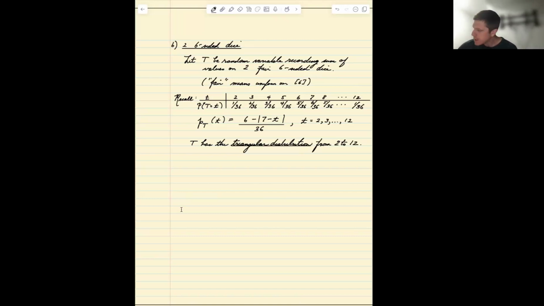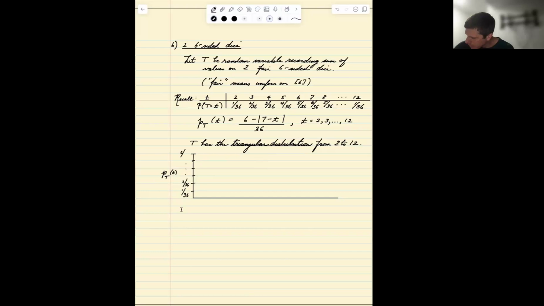If we were to plot the probability mass function, let P sub T of t be on this side, with 1, 2, 3, 4, 5, 6 here, and then here we have 2, 3, 4, 5, 6, 7, 8, 9, 10, 11, 12.